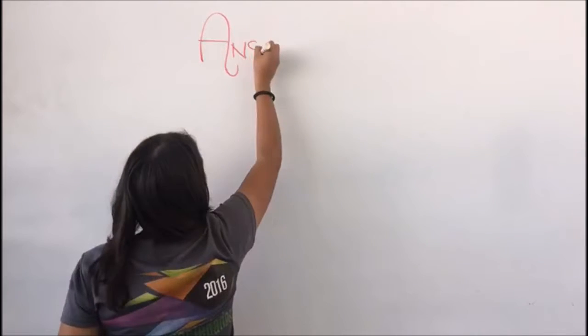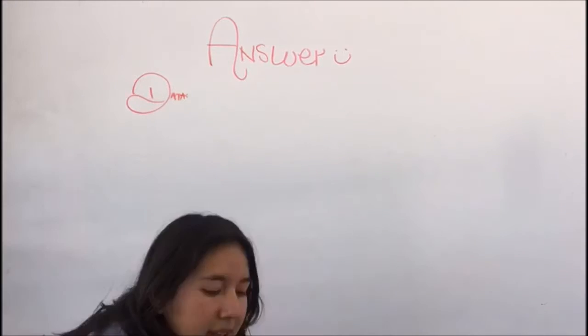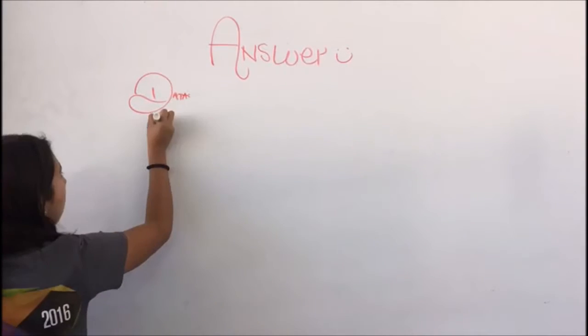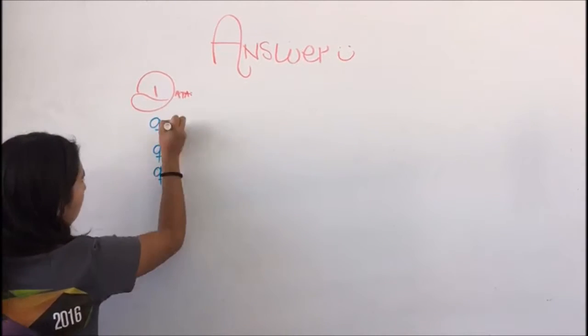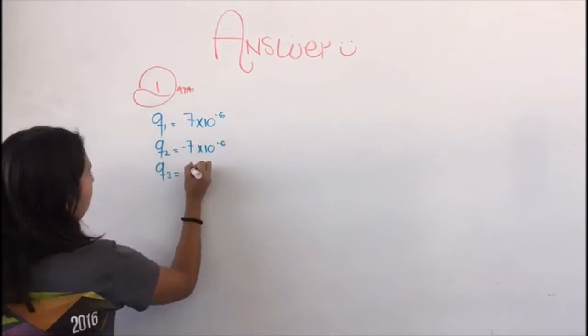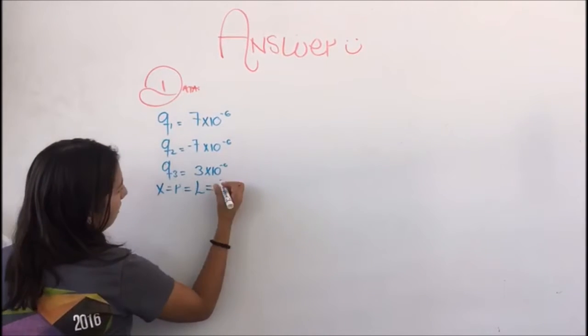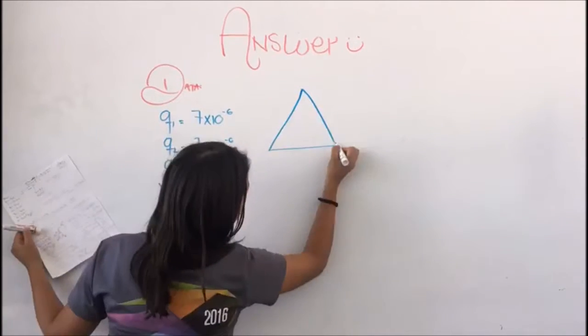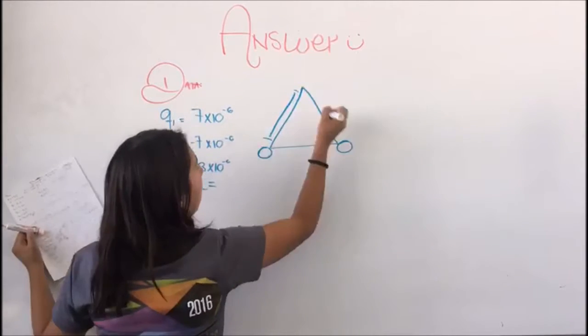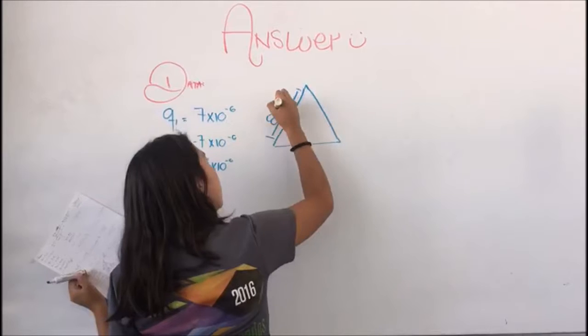Okay, first we have the data. We have Q1, Q2, and Q3. Q1 is 7 by 10 to the minus 6 coulombs, Q2 is minus 7 by 10 to the minus 6 coulombs, and Q3 is equal to 3 by 10 to the minus 6 coulombs. And then in the triangle, we have the length that is equal to R, that is 80 millimeters, that we need to convert to meters.